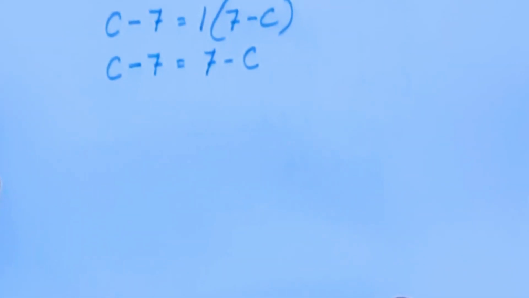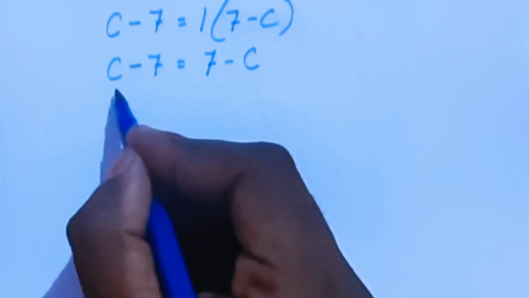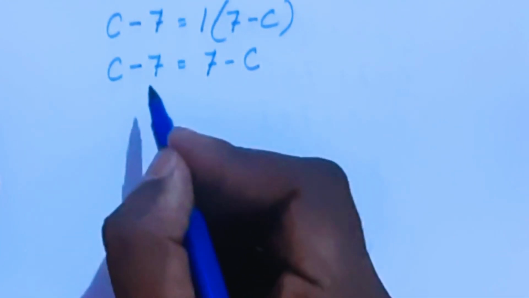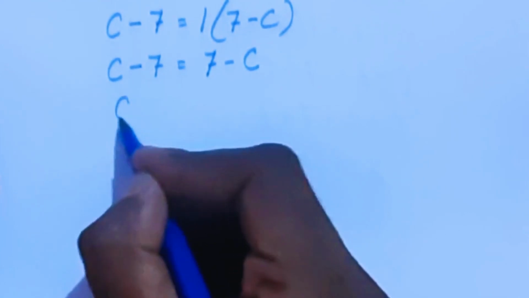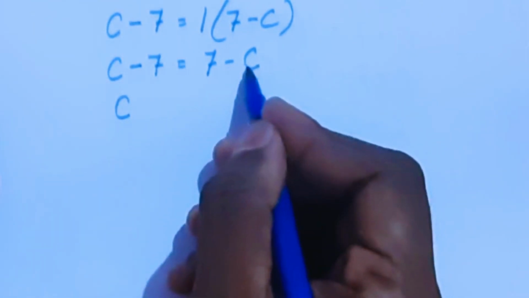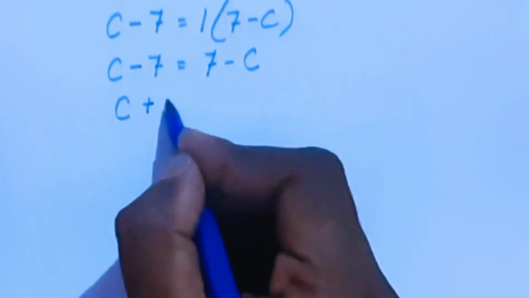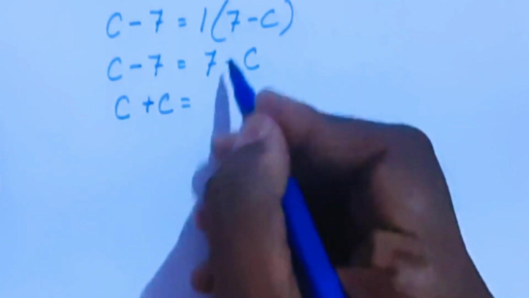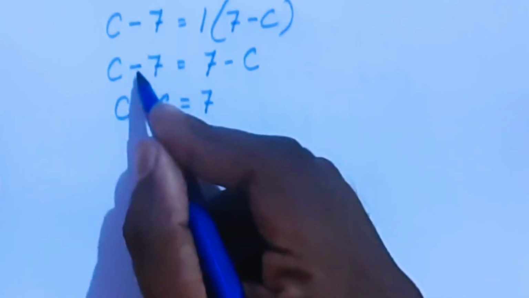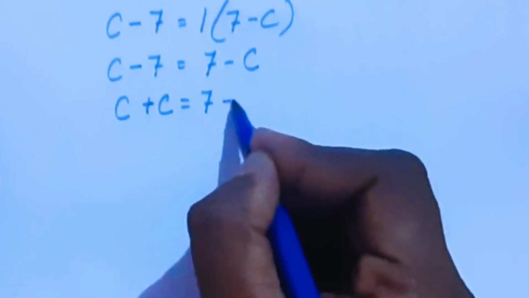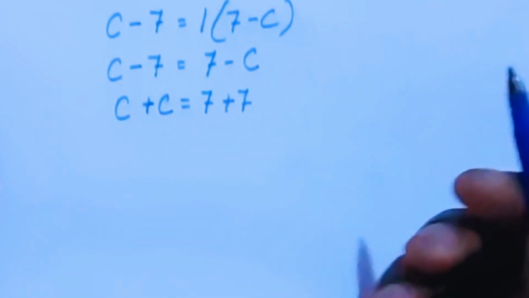Now moving the variable one side and constant other side, so on the left hand side this C comes plus C equal to 7 plus 7.